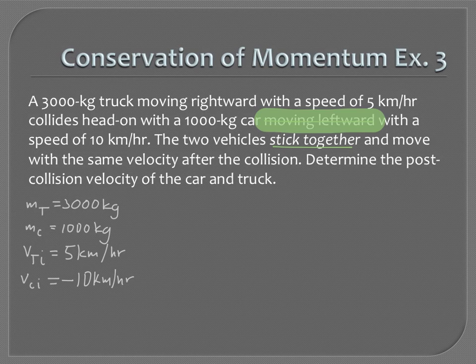So when you set this up, we gotta make sure we understand that when they stick together, you add their masses together, so that you could show and indicate that they're gonna share the same velocity. Next, you're just gonna sub it in.